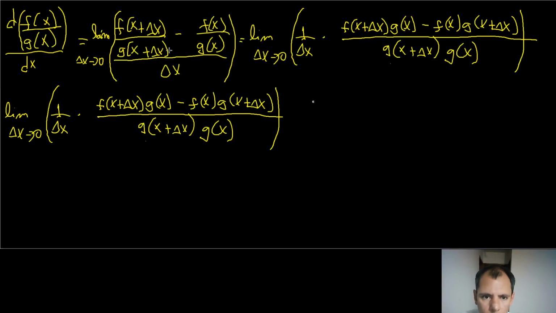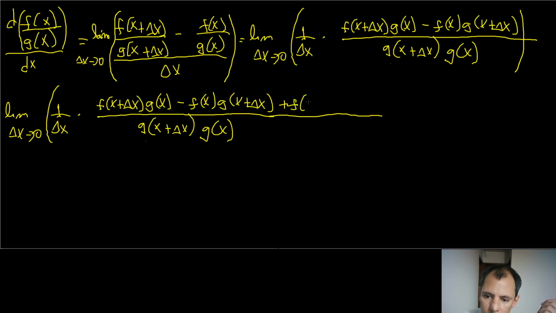Now, here's what I'm going to do. I'm going to erase this thing here, and I'm going to extend the fraction part. I have to keep the numerator the same, okay? So I'm going to subtract a term and add a term, or add a term and subtract a term. It's the same thing.